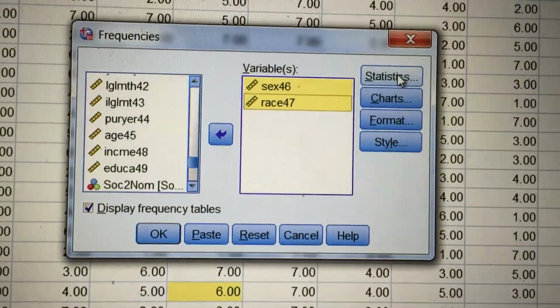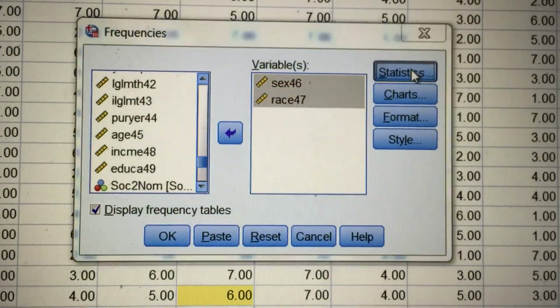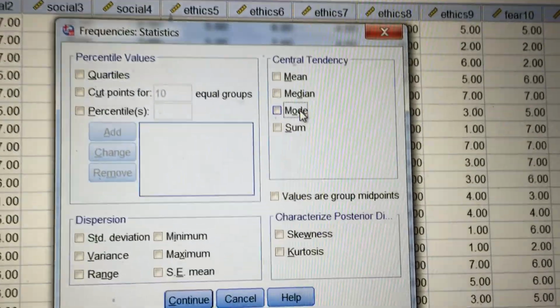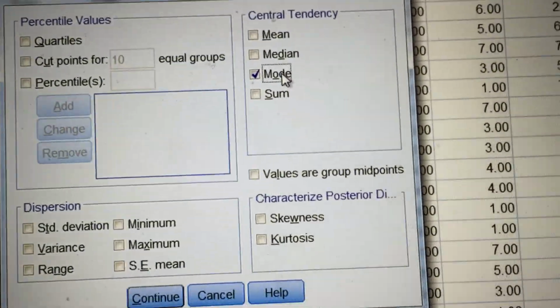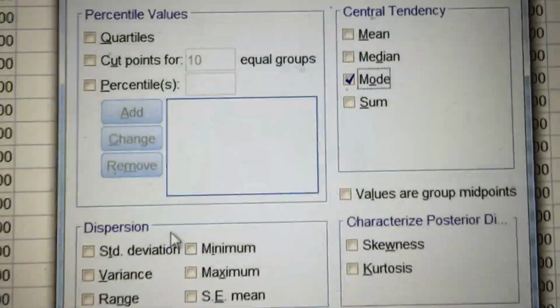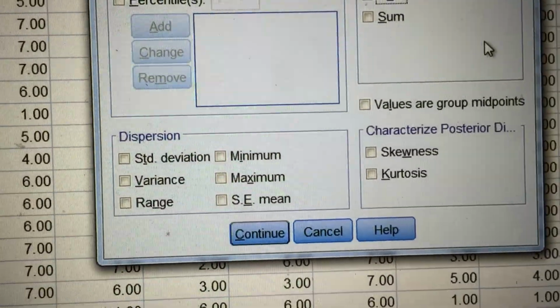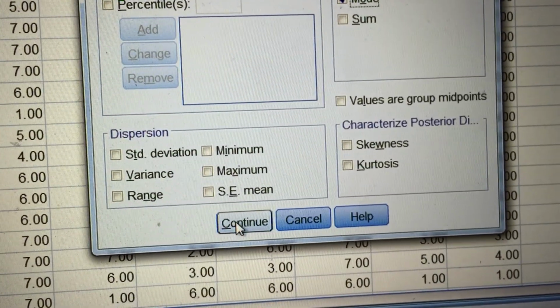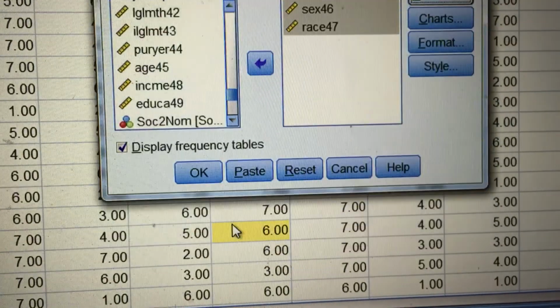And I'm going to click on the Statistics button, and I am going to ask for the mode. Since we have nominal, we know the correct measure of central tendency for nominal level variables is the mode. I'm not going to ask anything for dispersion because it's going to give me a frequency or a count, and that is all I need. So I'm only clicking Mode and Continue.